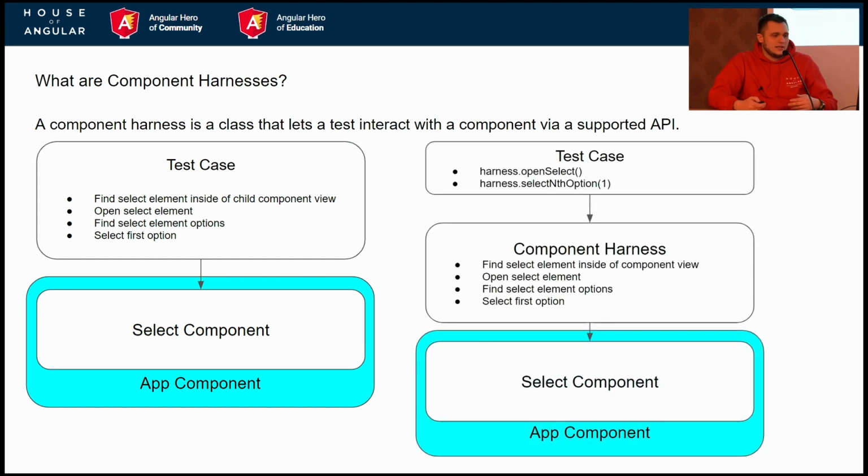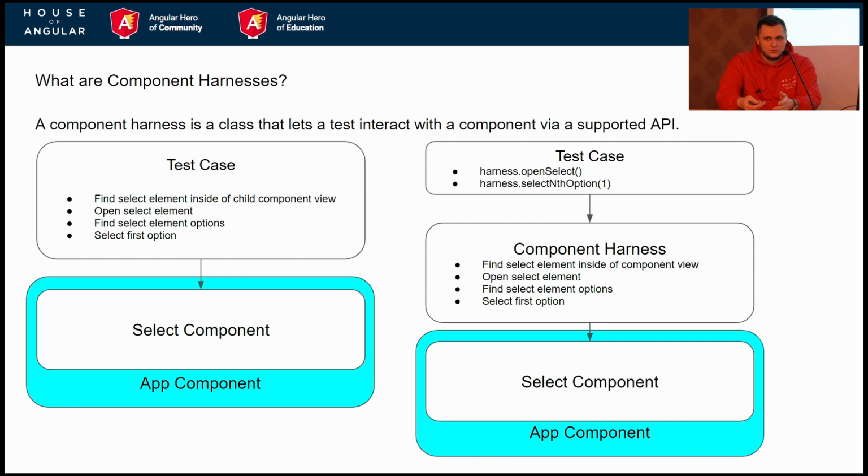So let's take a look at the second scenario, when our test case interacts only with the API which the component harness provides us, and we no longer care how it opens the select. We just call the method of the harness within our test case, open the select. But we are no longer interested in what the class of this select is, how to find this select, whether this select is, I don't know, within a view or maybe it's disabled and something will not work, or how to select the nth option.